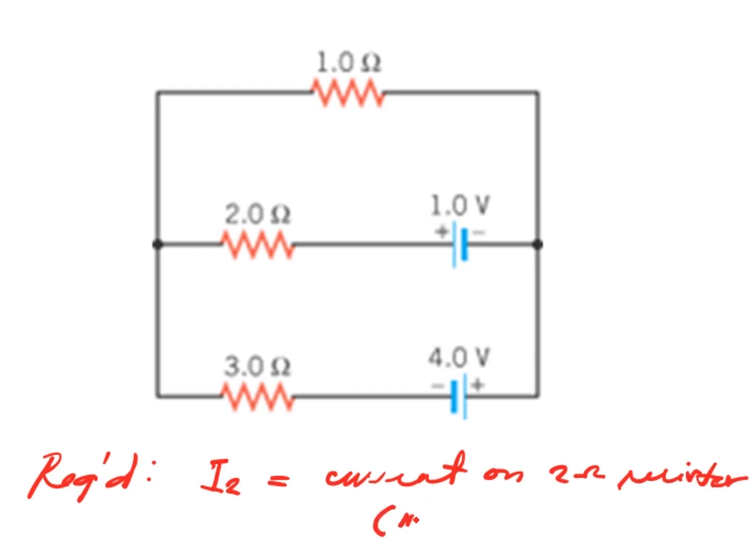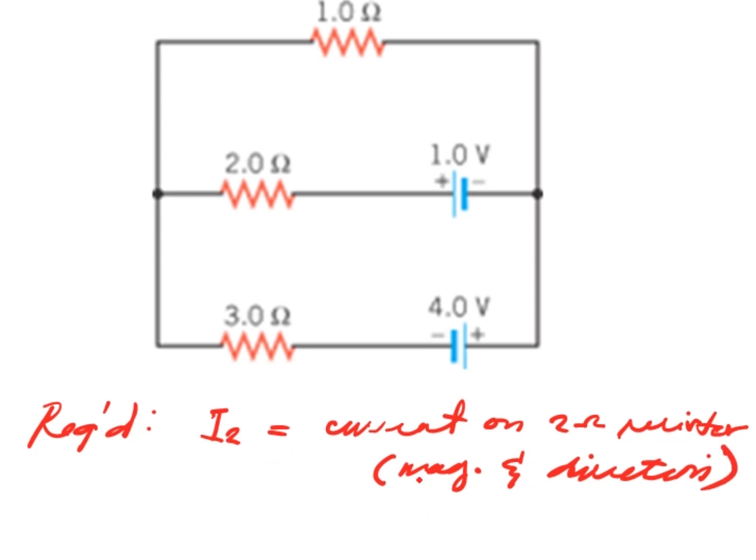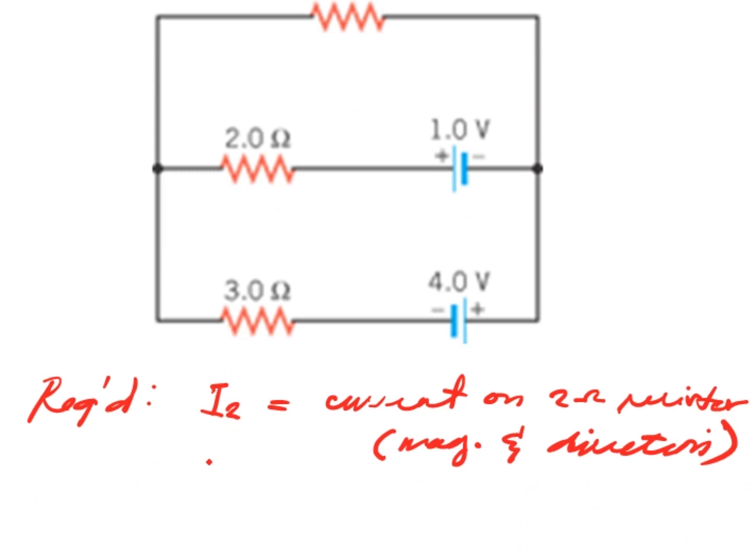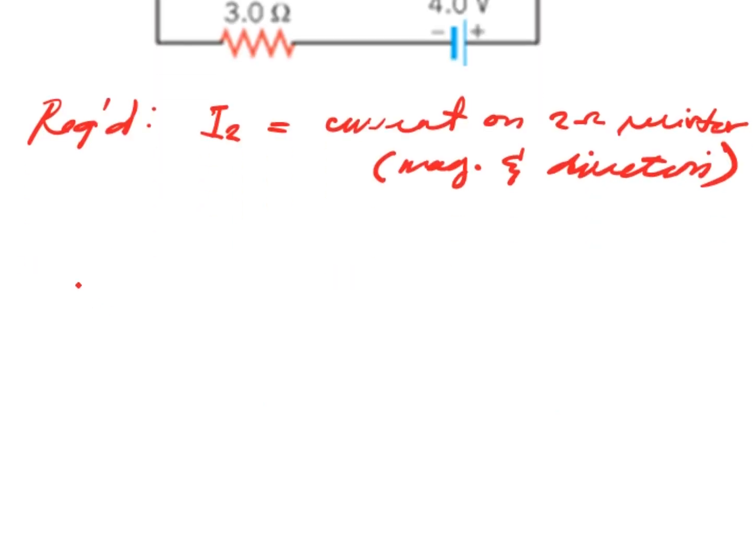You are being asked to find the magnitude and direction of this current. Now let us apply Kirchoff's rules in this circuit. So let's try to solve.